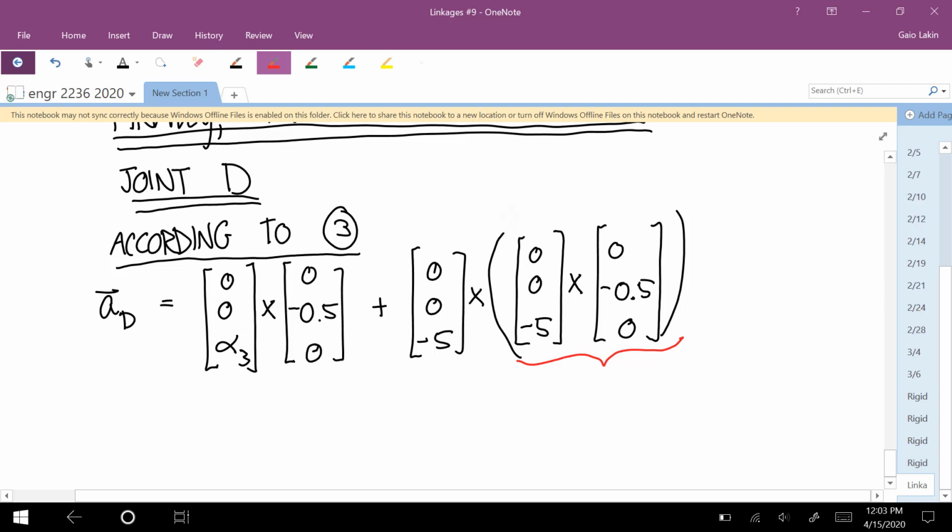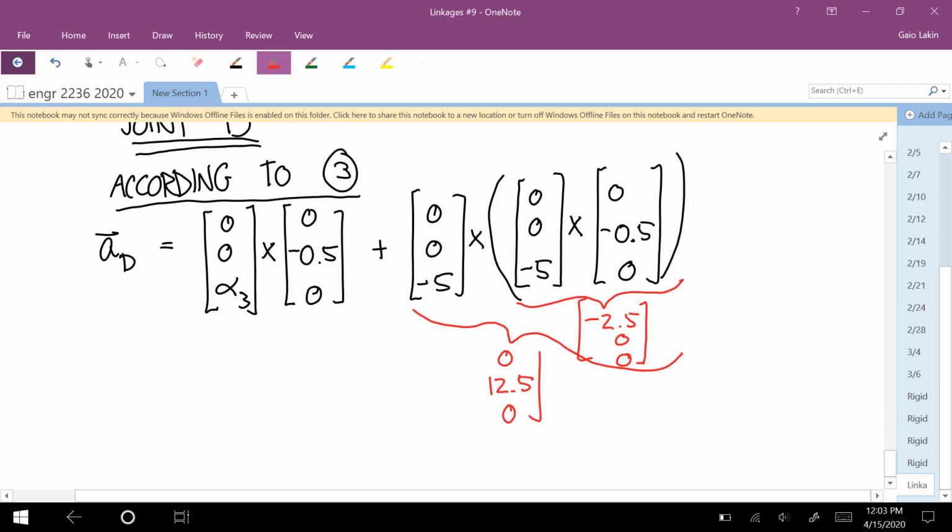This one is negative 2.5, 0, 0. And so cross it with that, and you get 0, positive 12.5, 0.